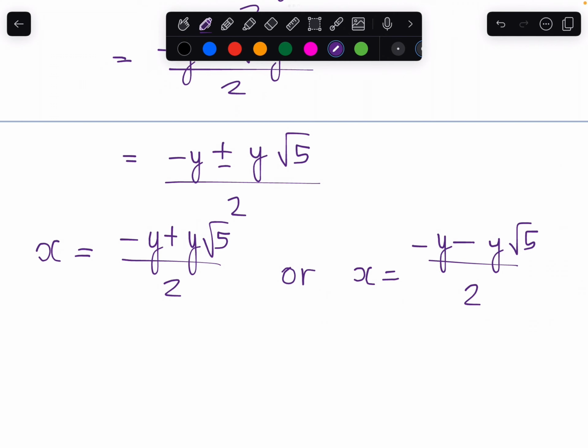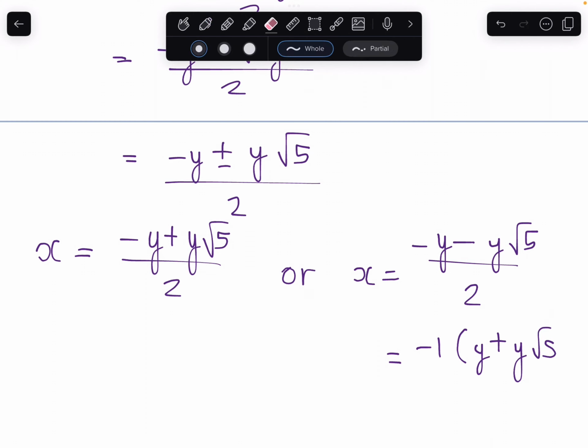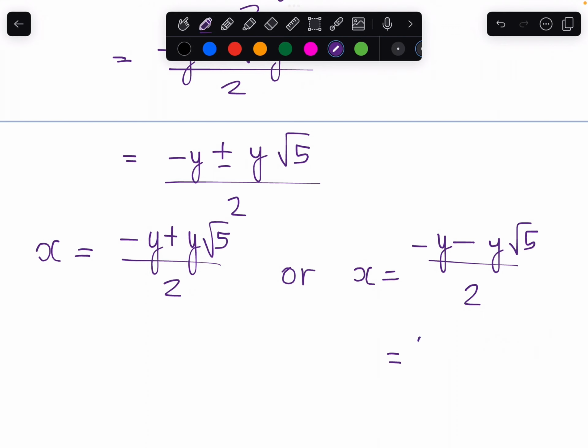And just to make it abundantly clear what's going on, if I factor out the y, this would be y, and we'd be left with minus 1 minus root 5 over 2, right?